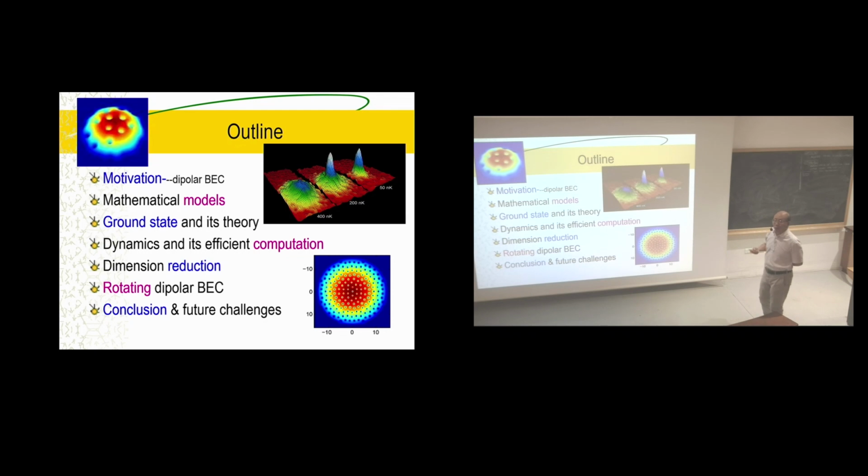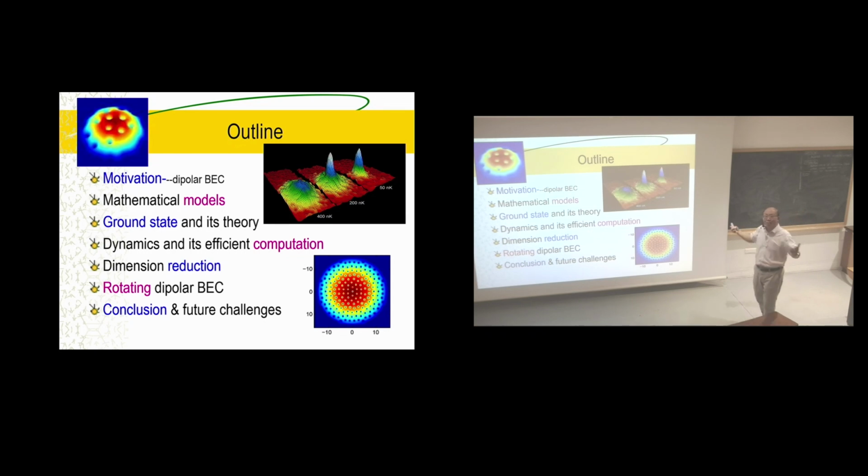Then I'll talk about the ground state, some existence and uniqueness theory, and how to compute dynamics. In experiments, the trapping potential can always be anisotropic, with the trapping frequency in one direction at a very different scale, so how do we reduce the model from 3 dimensions to 2 dimensions or even 1 dimension?